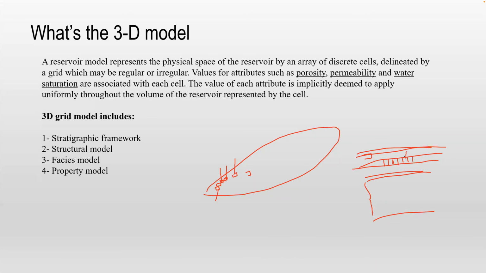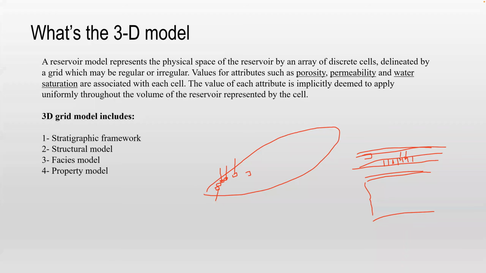So after that, you assign porosity and permeability to these cells to calculate the volume of the reservoir. You calculate the oil in place of the reservoir, or whatever you wanted to calculate.